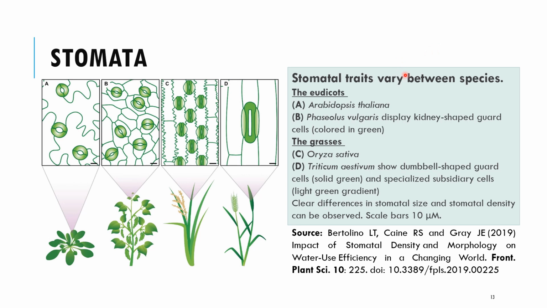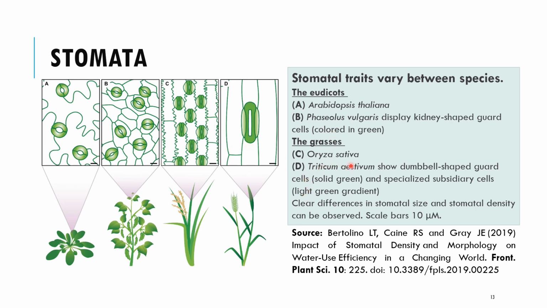Stomatal traits vary between species, and you can see a group of eudicots, figure A, Arabidopsis thaliana, and figure B, Phaseolus vulgaris. They display a kidney shape of guard cells. C and D are grasses.